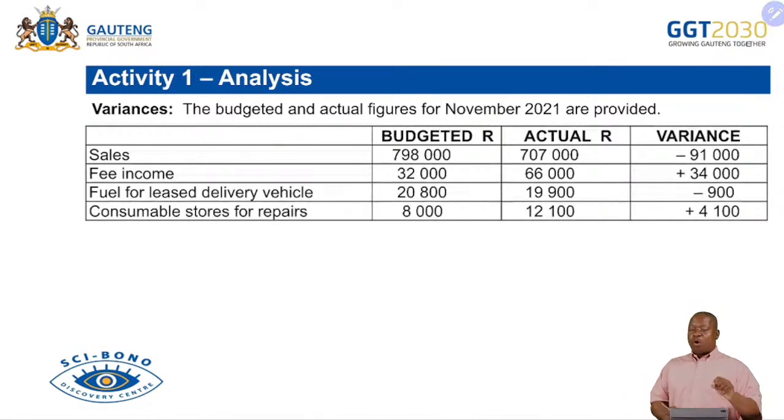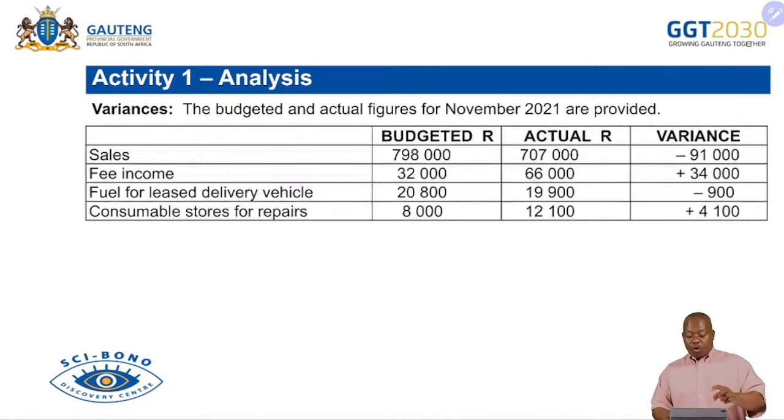So when they are saying comment now, because we are going to comment on whether we have managed to control our fuel, is the answer going to be yes or no? They're also going to ask us to say, have we managed to control our consumable stores? Is the answer yes or no? The comparison now depends on the other variable that is linked to that.